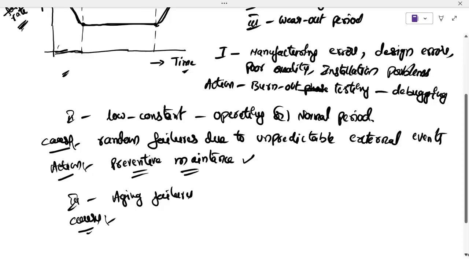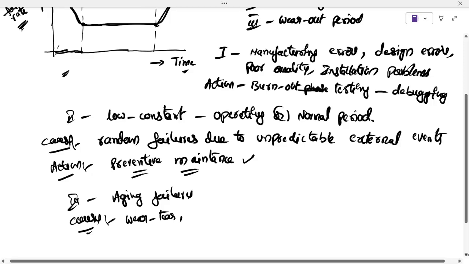The main causes are component wear and tear, material fatigue, corrosion, and insulation breakdown.